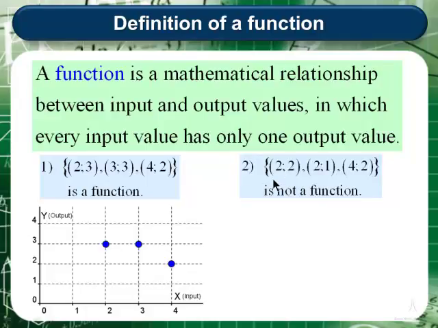In the second example, we don't have a function, because if we look at the definition, which says that every input value has only one output value, we notice that the input value 2 is actually linked to two output values, namely 2 and 1. So this is not a function.